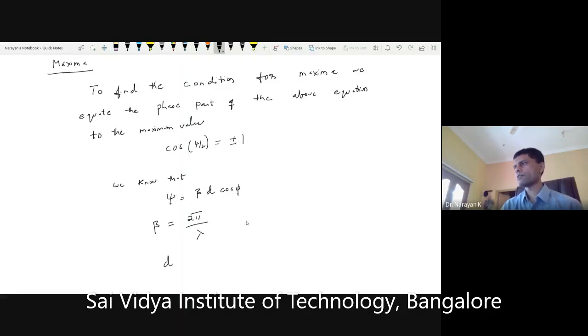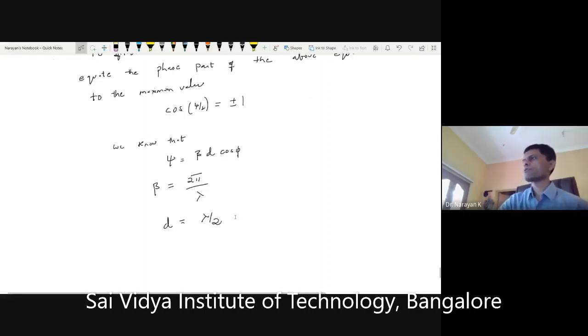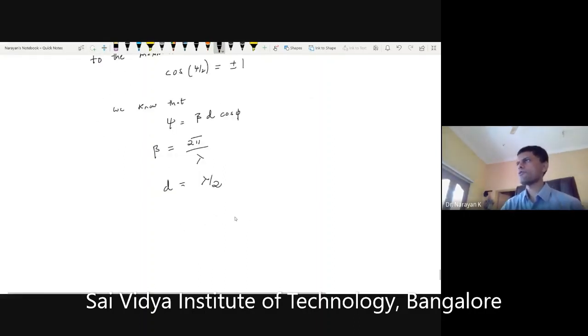D is the distance, we'll assume as equal to lambda by 2. So what will be your psi value now? Psi is equal to 2 pi by lambda, D is your lambda by 2, cos phi. So 2 will get cancelled, lambda will get cancelled.